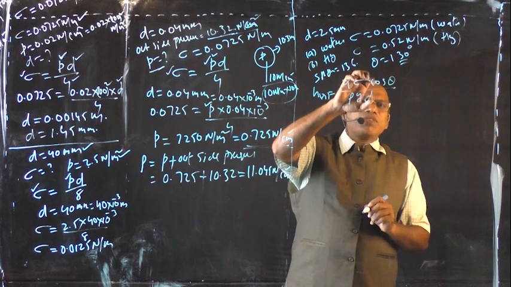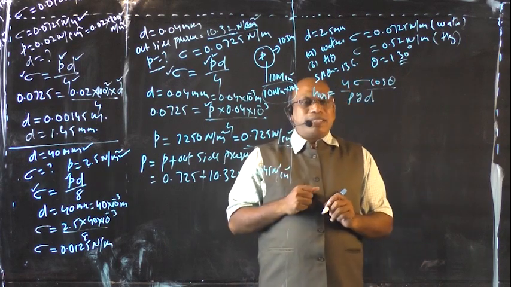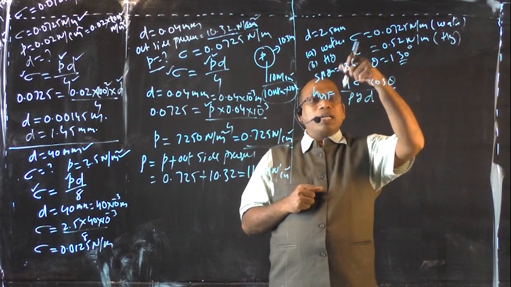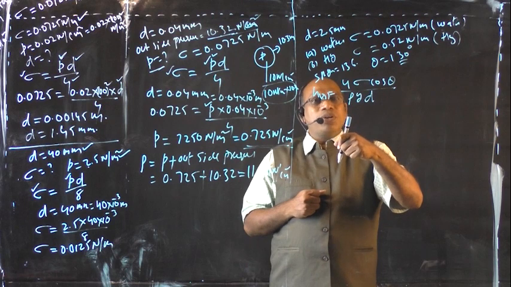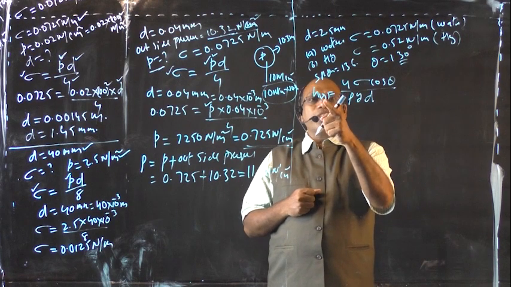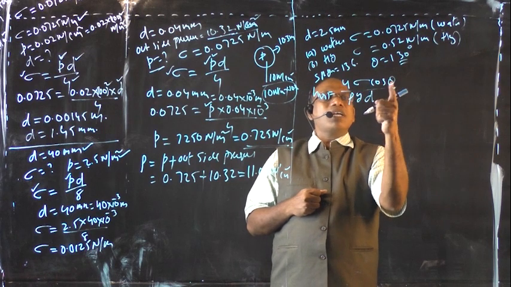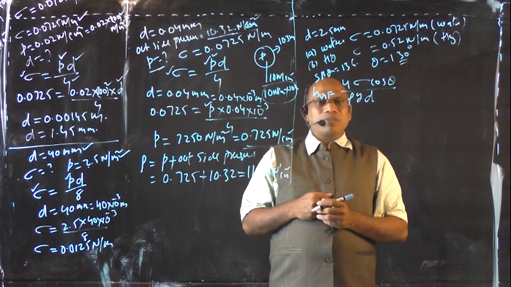This is the formula I derived in the earlier class. Sigma is nothing but the surface tension. Only if the glass tube is immersed in liquid, this is the formula for the determination of capillarity rise, H equal to 4 sigma cos theta by rho g d.